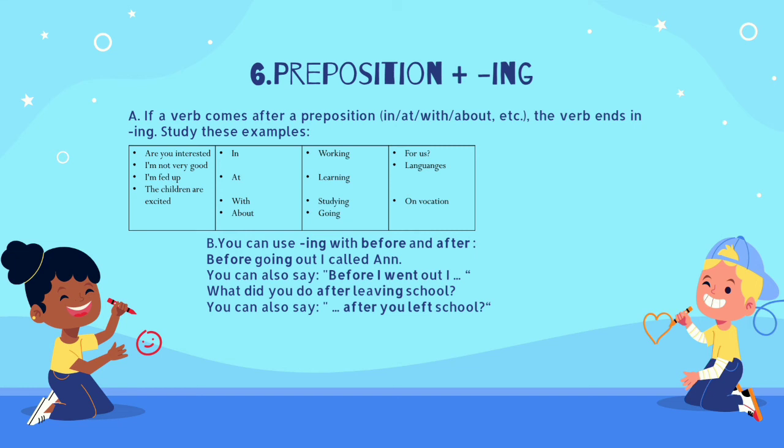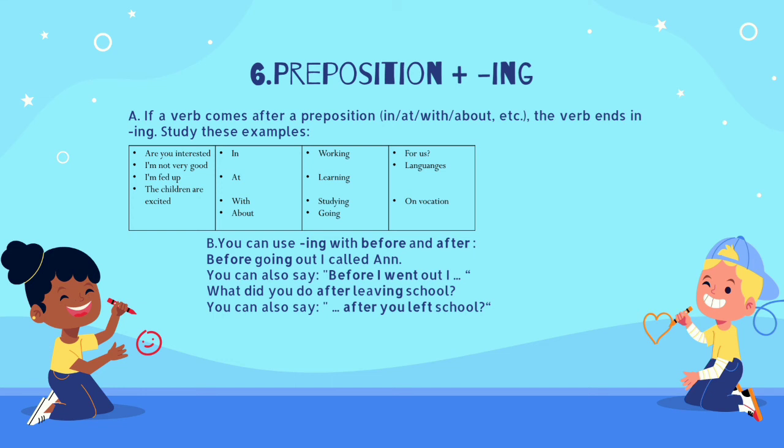And then number 6, preposition plus -ing. A. If a verb comes after a preposition in, at, with, about, etc., the verb ends in -ing. Study this example. Look at the table.